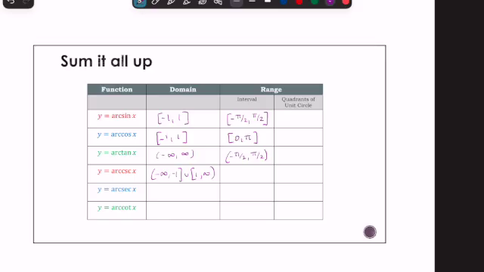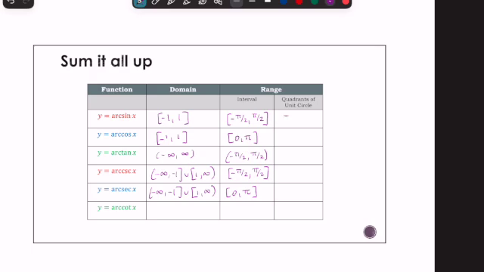And then your interval will be negative pi over 2 to pi over 2. Arcsecant is going to have the same domain as arc cosecant, except the range is from 0 to pi.